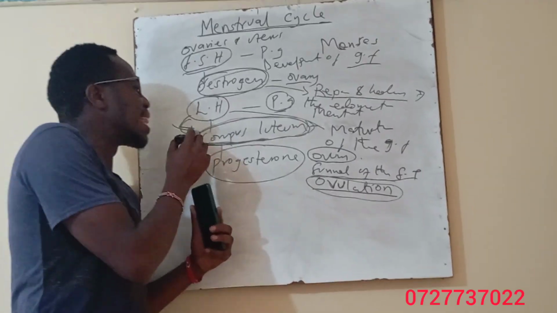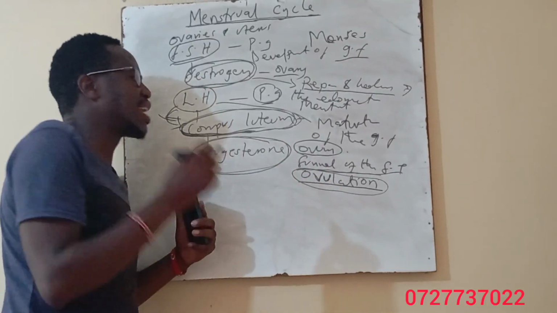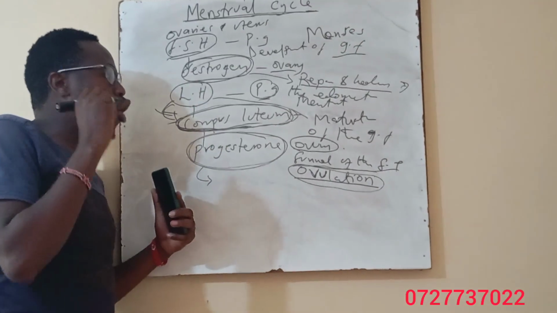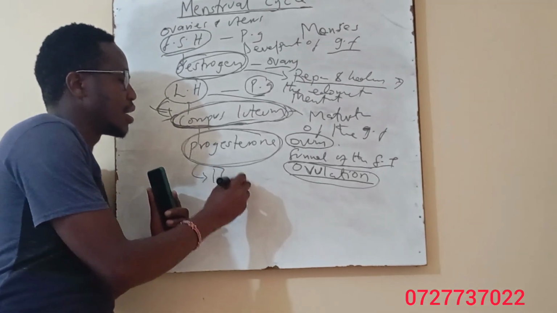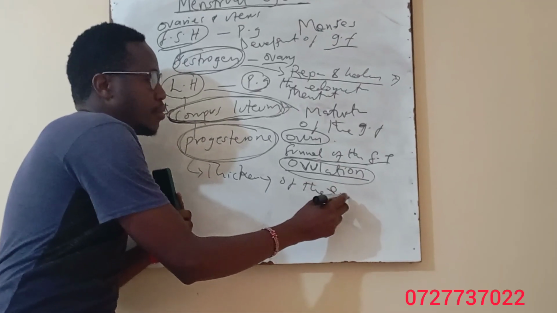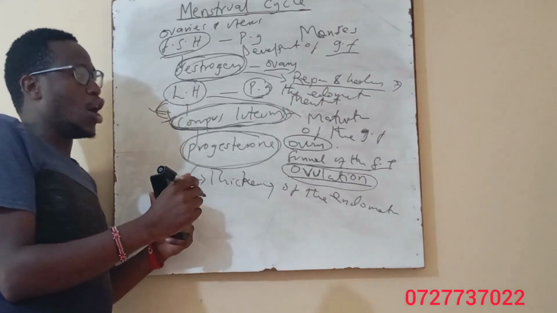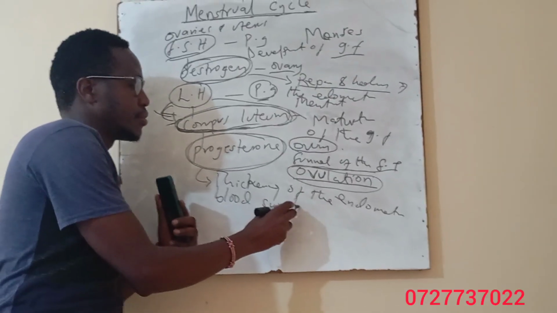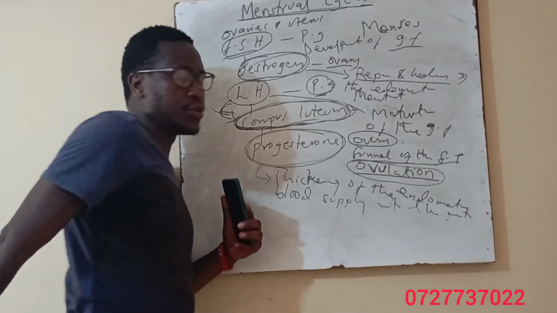This progesterone hormone brings about the thickening of the endometrium and blood supply into the endometrium.